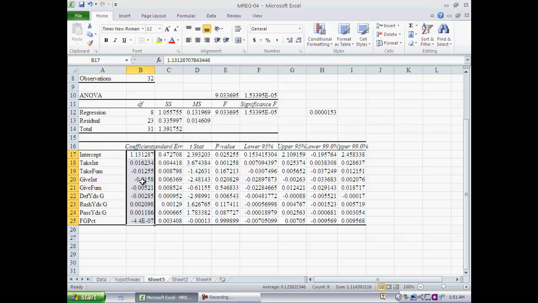So B0, the 1.131, is a point estimate of beta 0. Similarly, B8, this minus 4.4 times 10 to the minus 7, is a point estimate of beta 8.